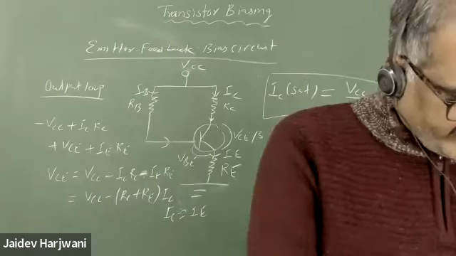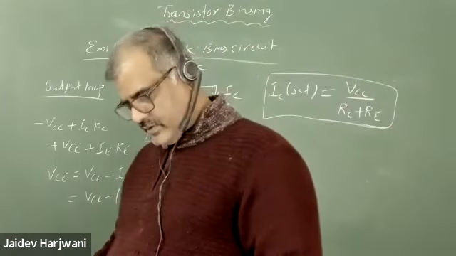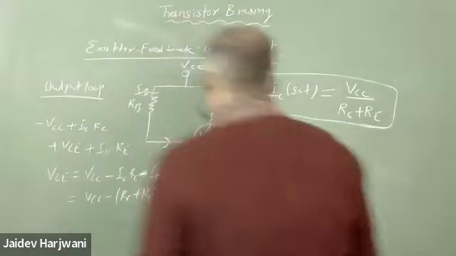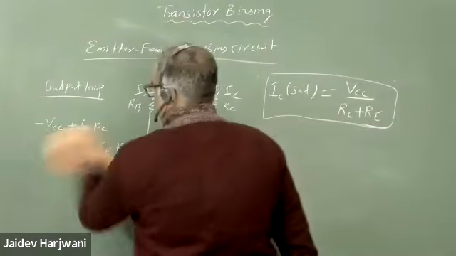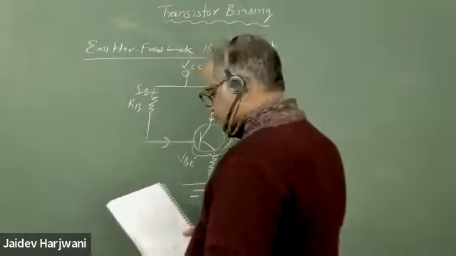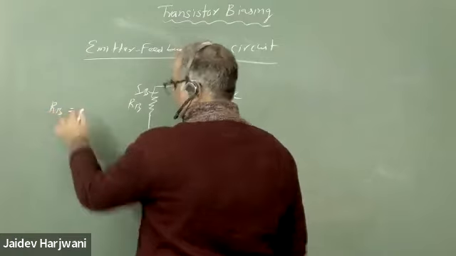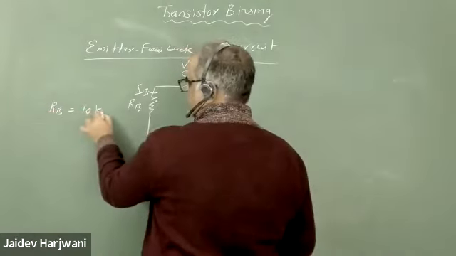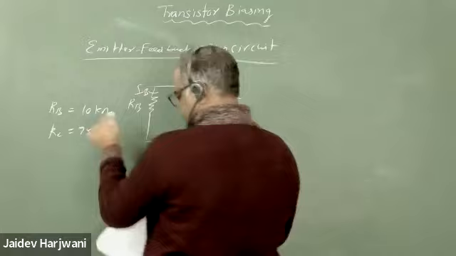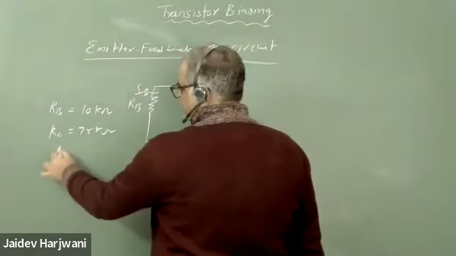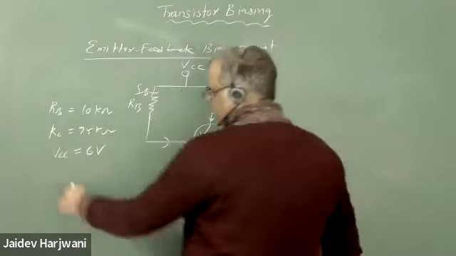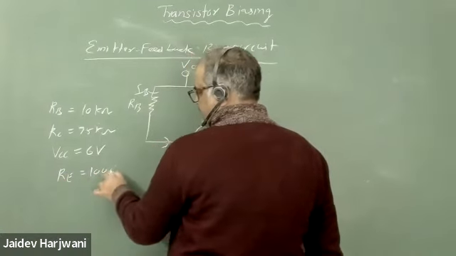So I'm giving one problem. IB is given. The value of RB is given as 10 kilo ohm, the value of RC is given as 75 kilo ohm, VCC is given as 6 volt, and your RE is given as 100 ohm.